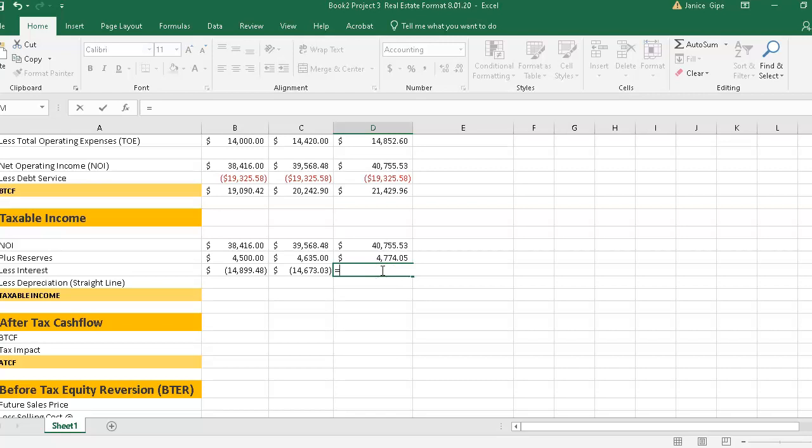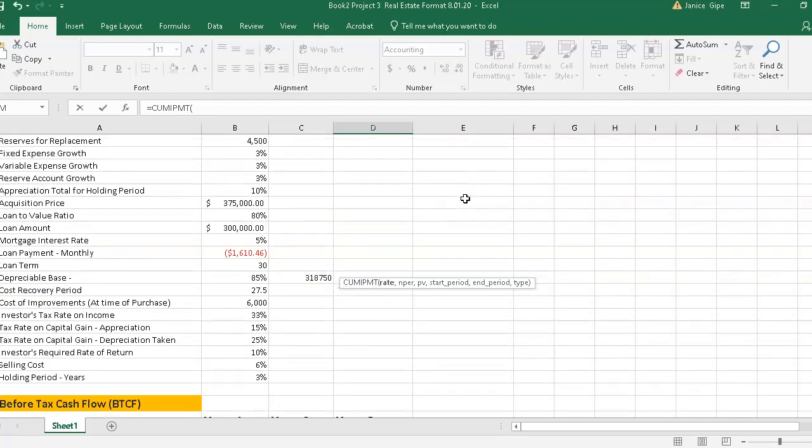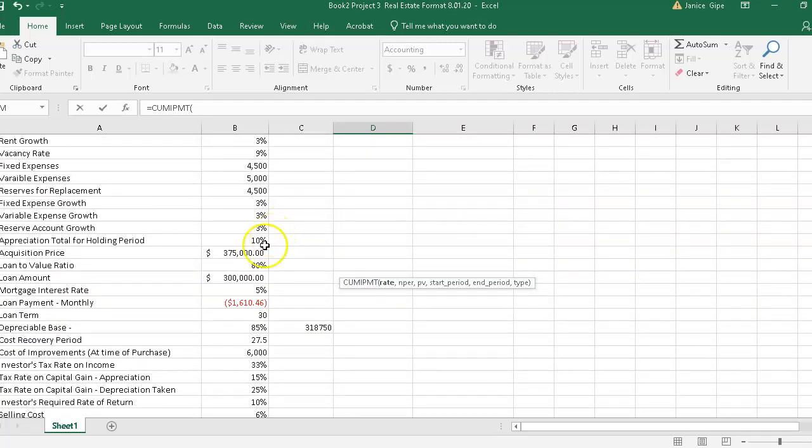So cumulative payment function. Somehow I ended up with the payment function on that last one. So we're going to use the 5% interest rate on the home divided by 12, and then the 30-year term times 12, and then your present value, or the original loan amount.